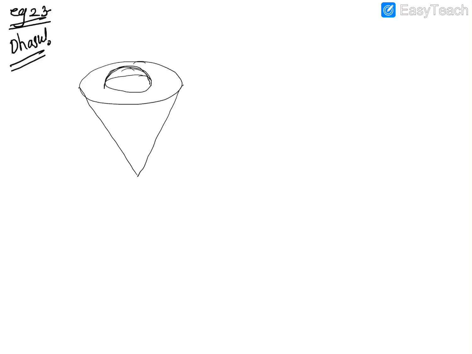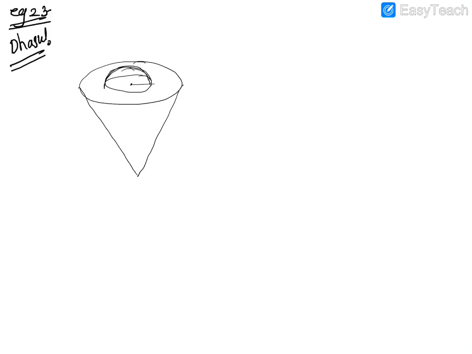So if you can make out, it's like there was one whole cone, and on the flat surface on the top we have put a hemisphere stuck on it. It's a 3-dimensional figure. If you're not understanding the figure I have drawn, refer to the textbook figure. Now you're given that the height and the base radius of the cone are 24 and 10 centimeter.